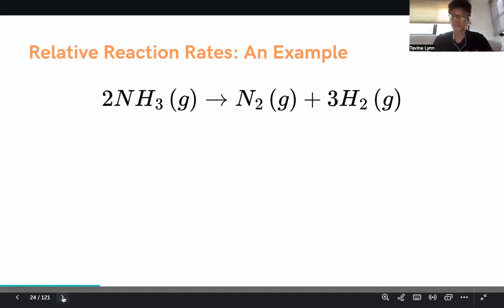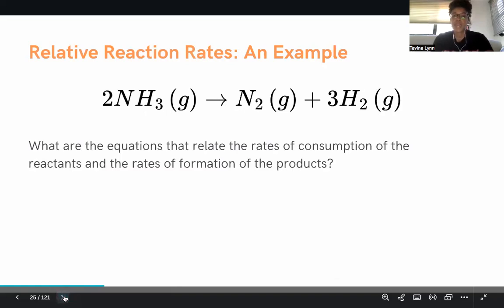So let's look at an example. We have NH3 forms into N2 and H2 gas. And we want to write the equations that relate the rates of consumption of the reactants and the rate of formation of the products.